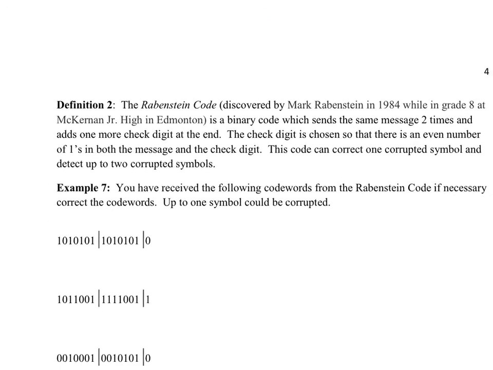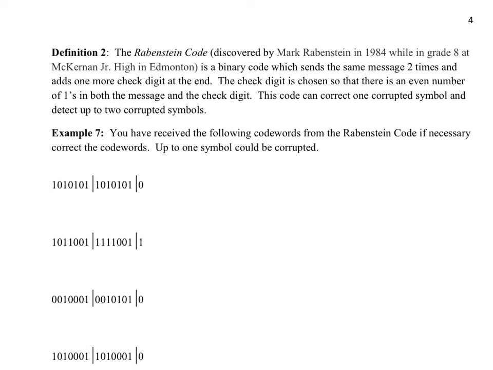Our next code is called the Ravenstein Code. This code was due to Mark Ravenstein, who apparently was witnessing an outreach event at McKernan Junior High School in Edmonton. During the presentation, they were talking about the Hamming code and the triple repetition code, and they were trying to relate the two.